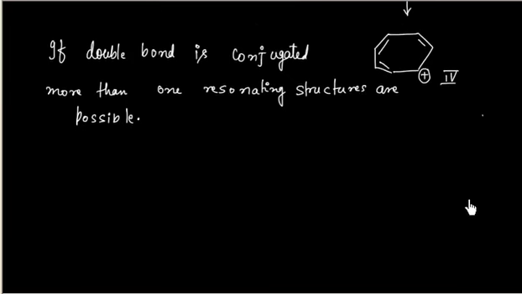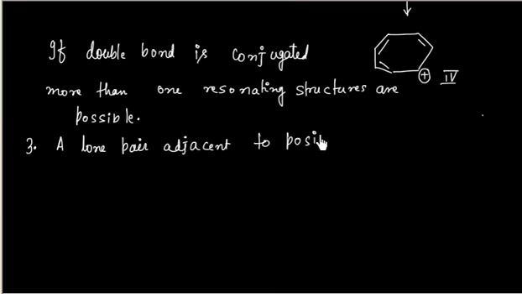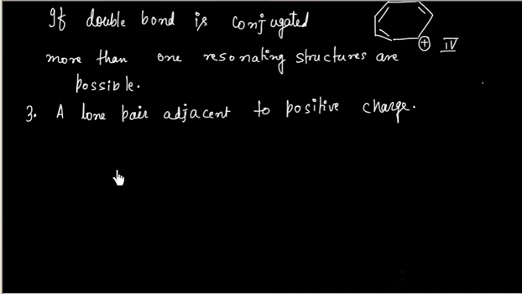Next pattern we have, that is a lone pair adjacent to positive charge. And this one is easy. Let us say, for example, if I have this molecule, this carbon has a positive charge and this oxygen has a negative charge.